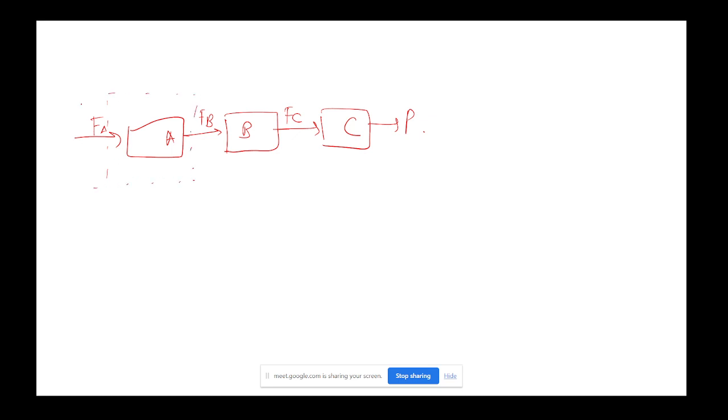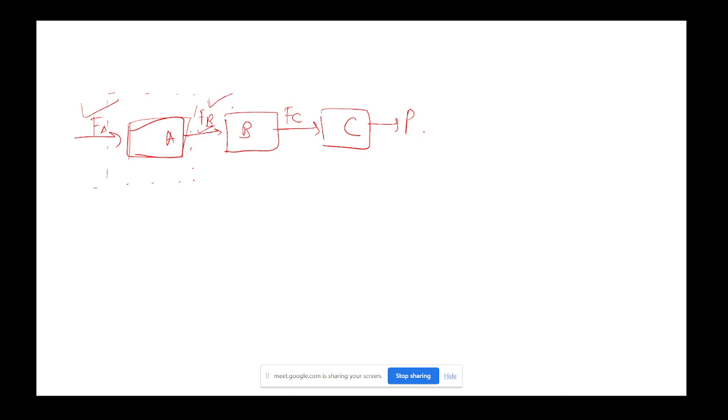Now you know FA, and there will be some process parameters and process conditions that you will already know, or you might even know what kind of output quality is required based on the purity of the product you want. Based on that, you will apply the balance over here and find out FB or any other parameter that you need to find.